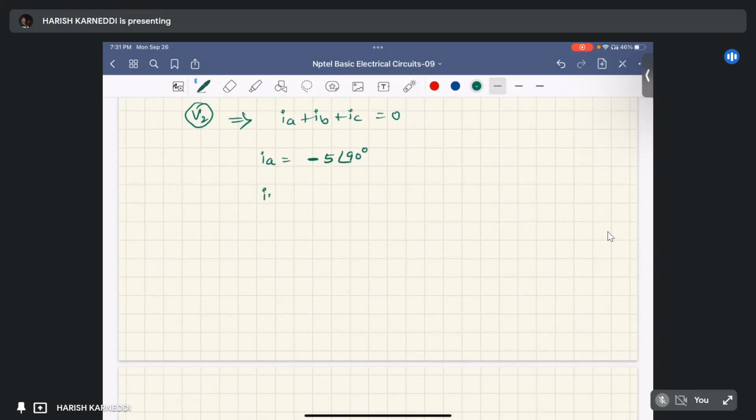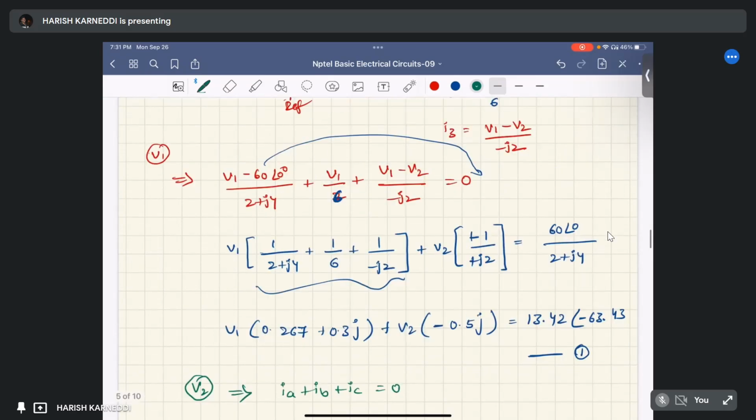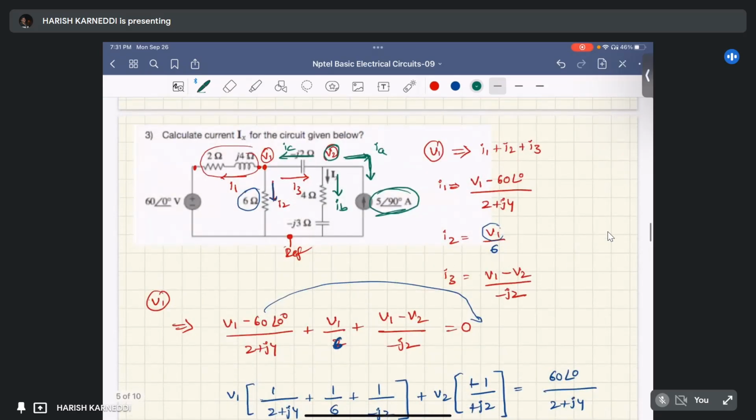Similarly, what is IB? IB is the current flowing through this 4 ohm and minus j3 ohm impedance. What is the voltage across this 4 ohm and minus j3 ohm? It is V2, right? Because it is connected between node 2 and the reference node.